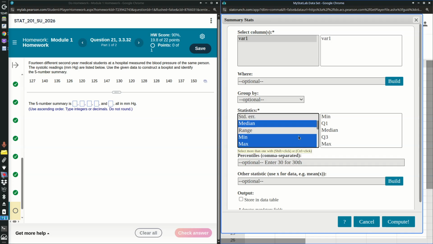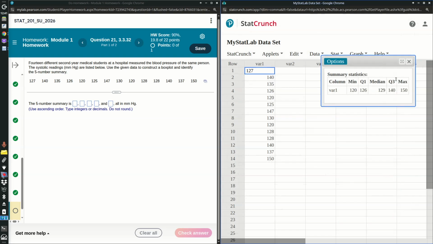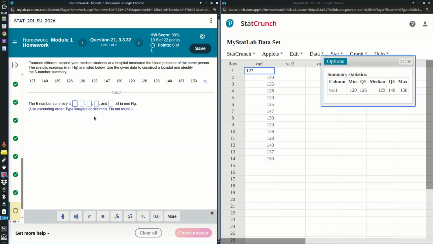Another way to think about this is 0th percentile, 25th percentile, 50th percentile, 75th percentile, and 100th percentile, or 99th percentile. I don't think you can have 100th percentile technically, because you're greater than 99% of all observations. But okay, so then we just fill in those numbers exactly as we see them: 120, 126, 129, 140, and 150.